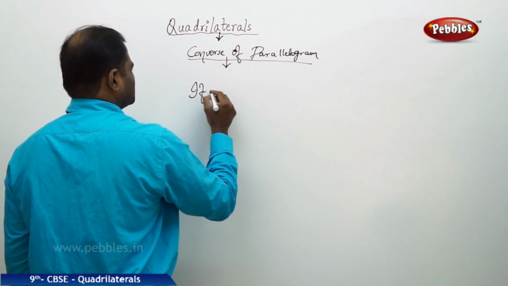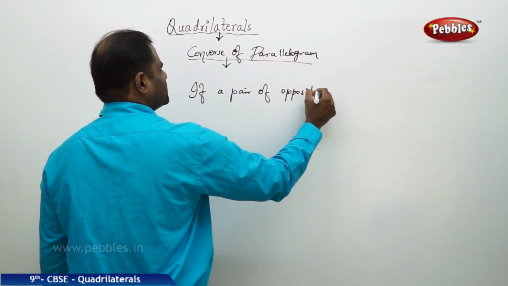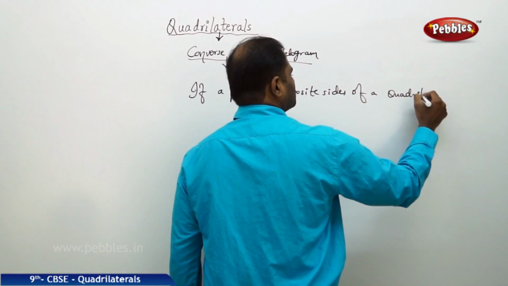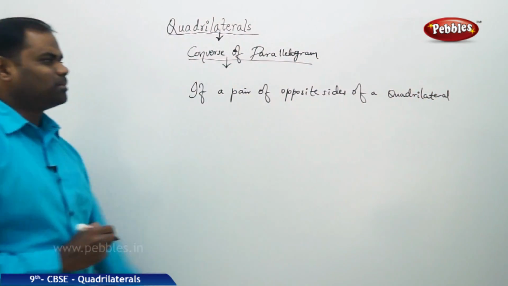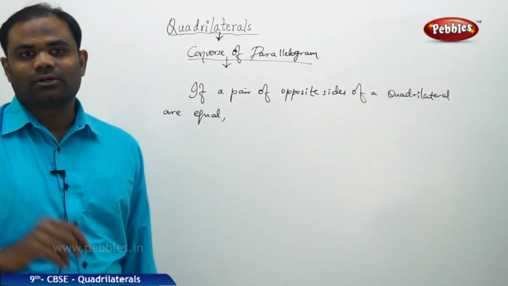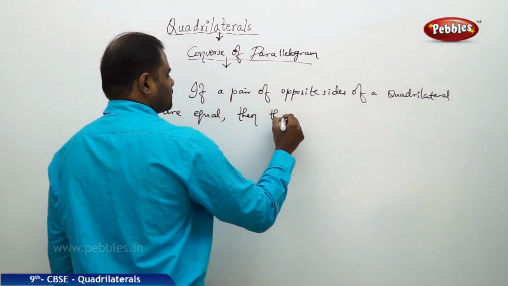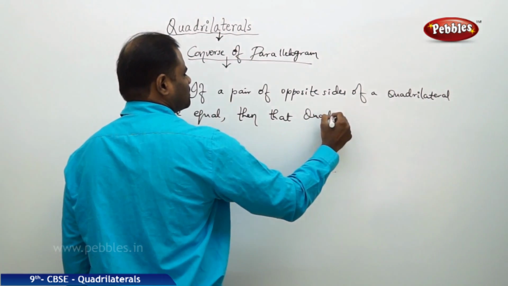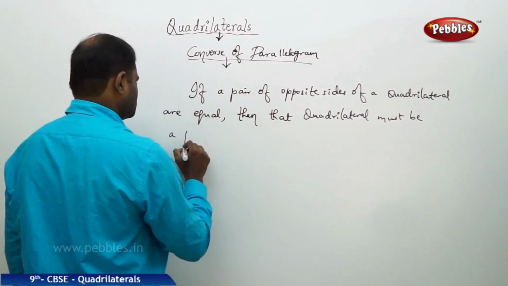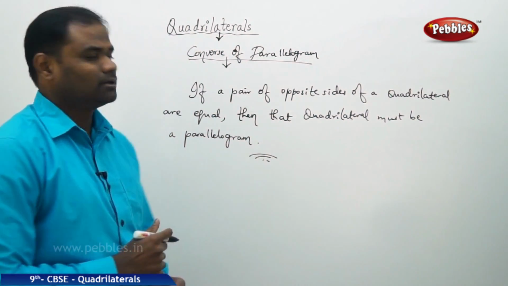The converse says if the pairs of opposite sides of a quadrilateral are equal, then the quadrilateral must be a parallelogram.